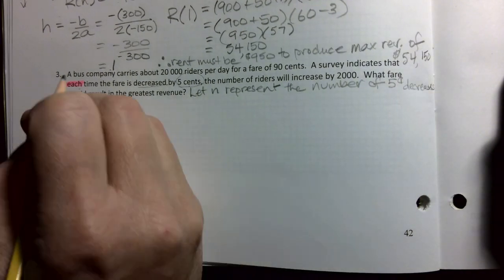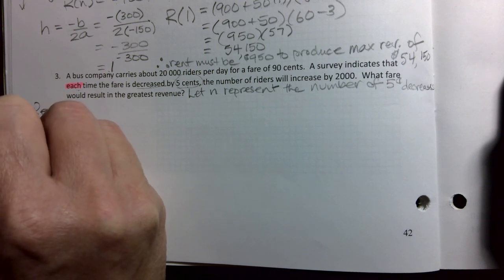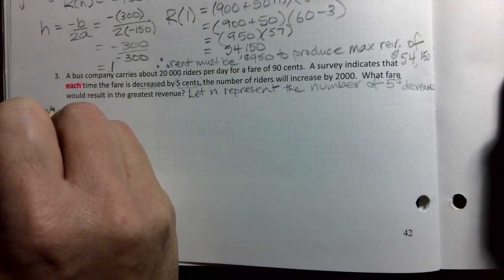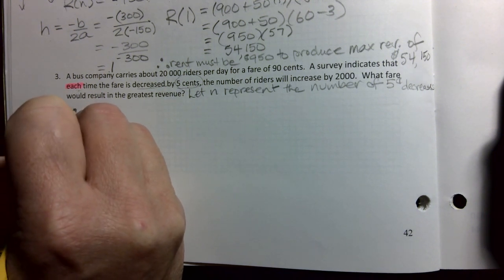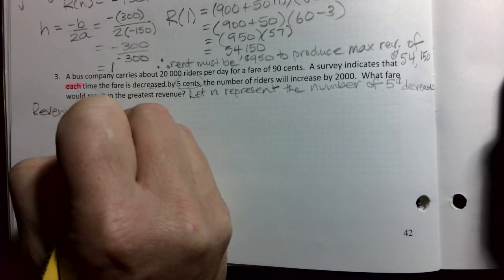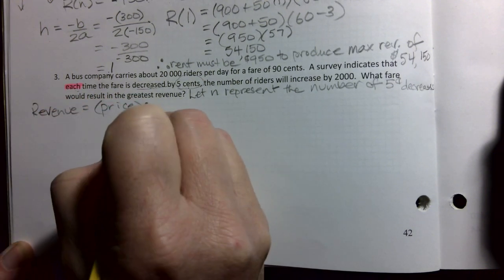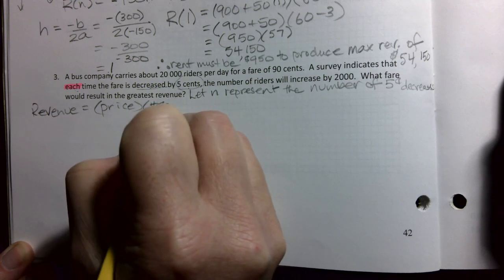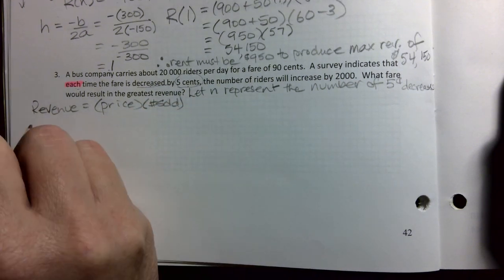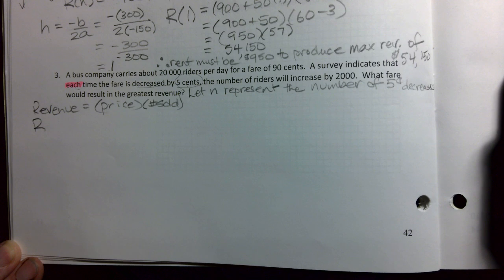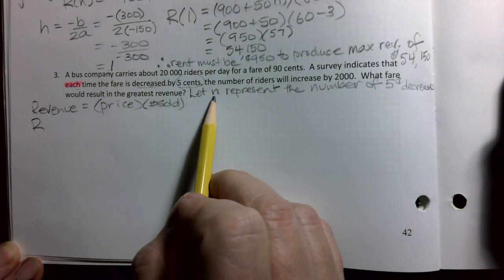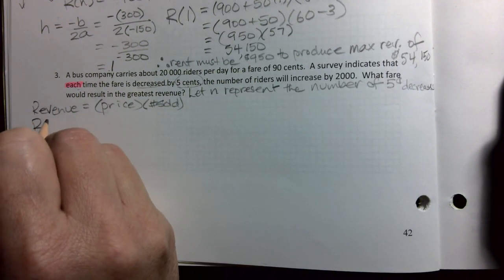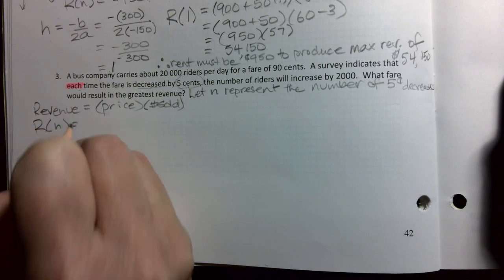Okay. Let's start with the revenue function again. Revenue equals price times number sold. Okay, I'm going to just short form that R. And because the variable I chose to use is n, I'll make function notation R of n.